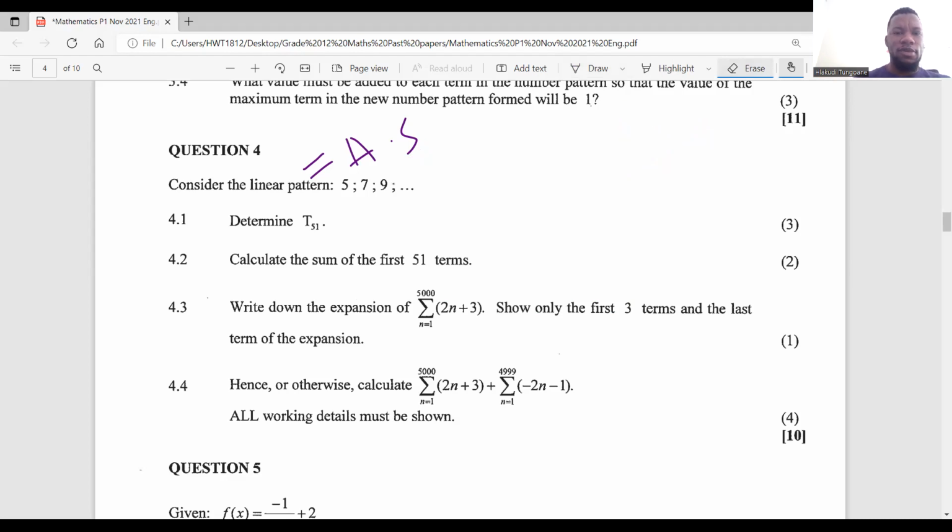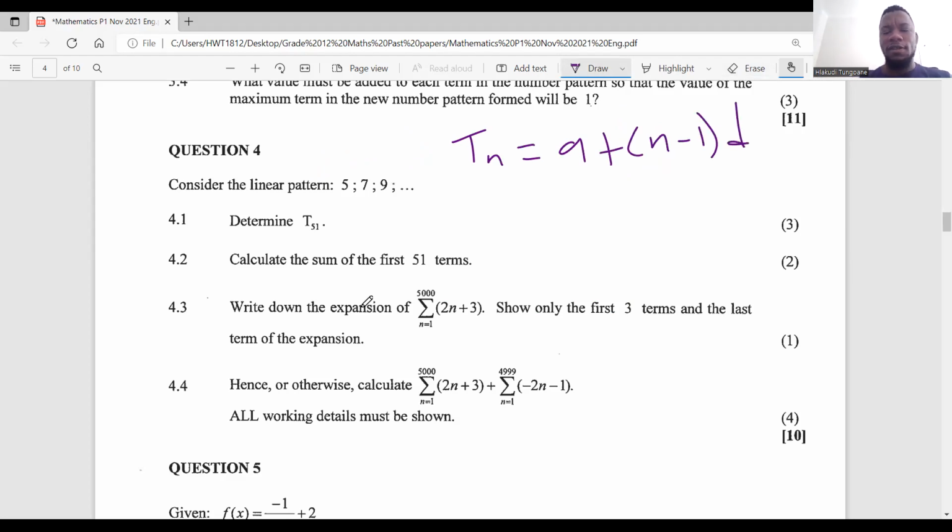What's the Tn formula? Tn equals a plus n minus 1 d, right? We need to substitute for a and d. What is a? Remember, a is always the first term in the sequence, and d is the common difference.